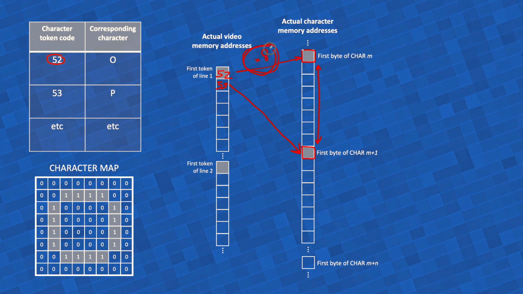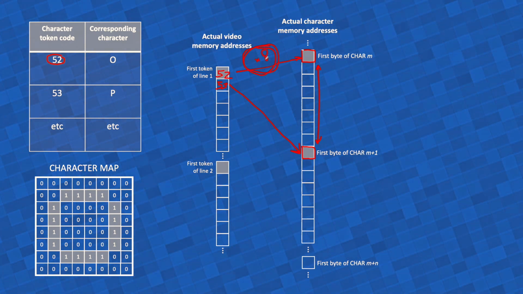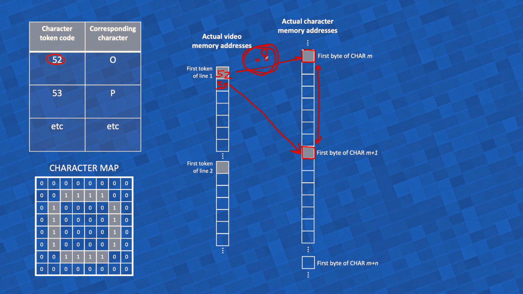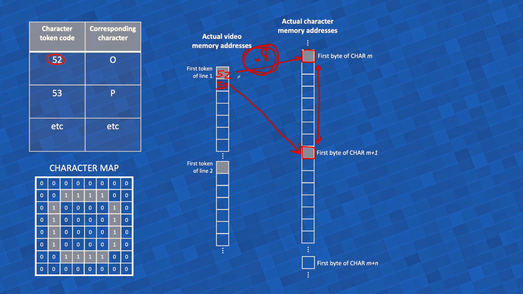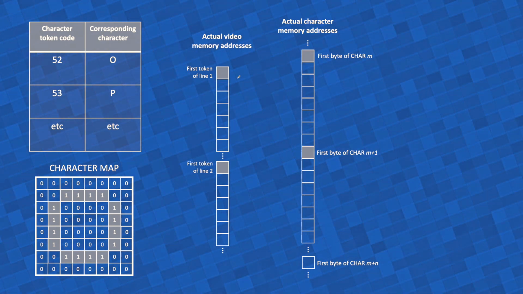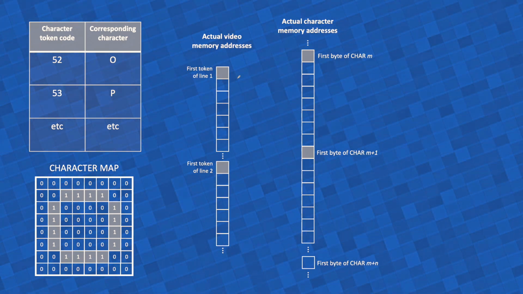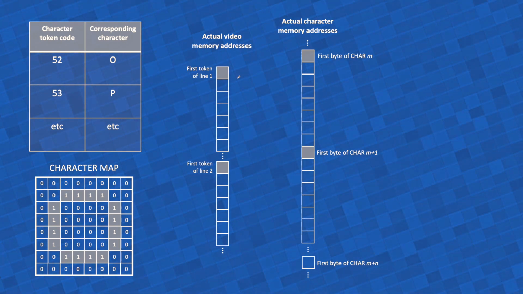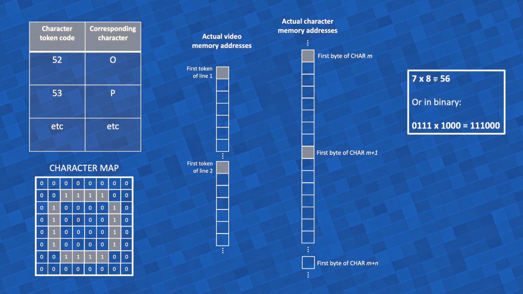It has to take each token code, multiply by 8, and that will then be the character address in the character memory of the corresponding token. Now, the good news is that you actually don't need to have any multiplier hardware at all to do this. You do this just by wiring, because take this for instance. If you multiply 7 by 8, you get 56.